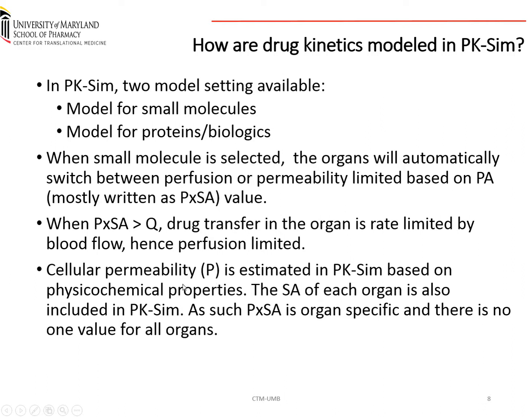So it just calculates the permeability surface area product, and you have your blood flow rate, and it determines which one will be the rate limiting factor, but it doesn't really show you all that information. It does all that calculation and includes it in your model behind the scenes.